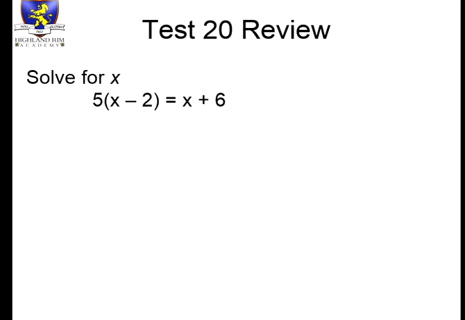Next one, we solve for x. So again, we're going to find out what x equals something. So we end up with 5x minus 2 is equal to x minus 6. So the first thing we do is we distribute the 5x minus 2, and we end up with 5x minus 10 equals x plus 6.